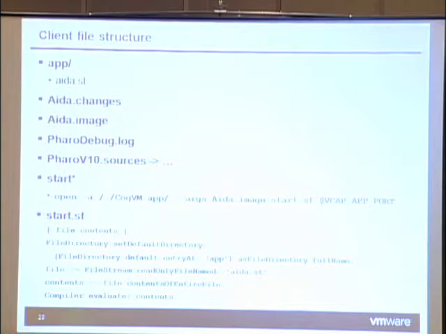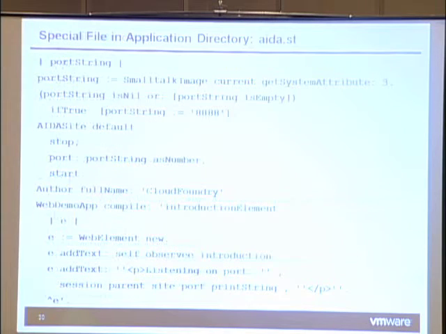Then it opens a file stream, reads ada.st, gets the contents, and evaluates this content. So this is just loaded in and executed. This is just our startup process. Then the Ada application itself picks up a port number, gets a default, stops the server, changes the port, and starts the server back up.